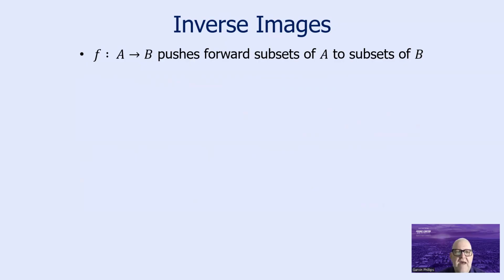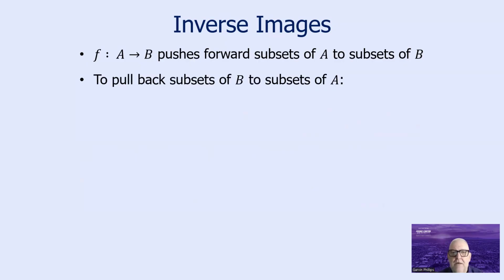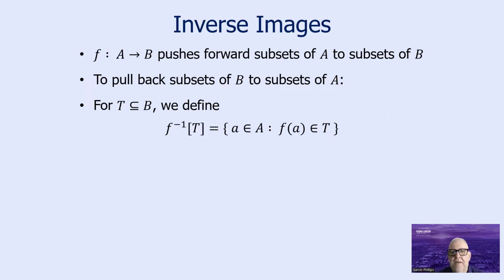So f from A to B pushes forward a subset of A to subsets of B. To pull back subsets of B to subsets of A, for T a subset of B, we define the inverse of T, so f to the power of -1.